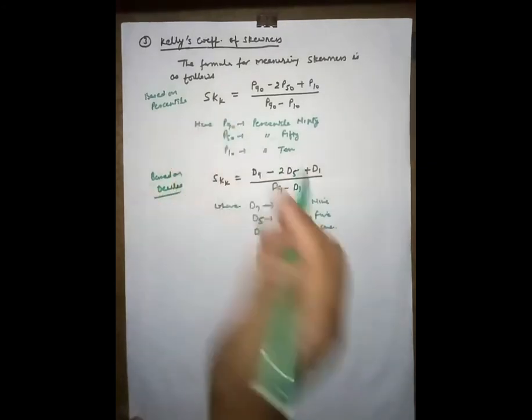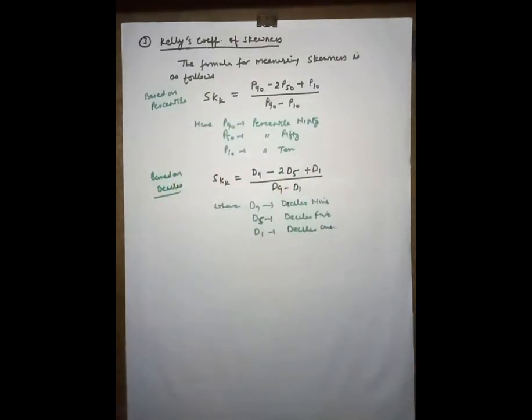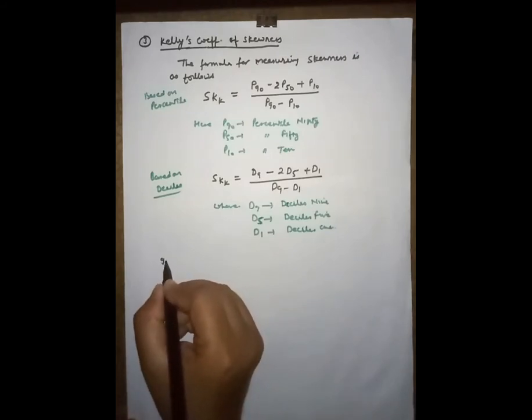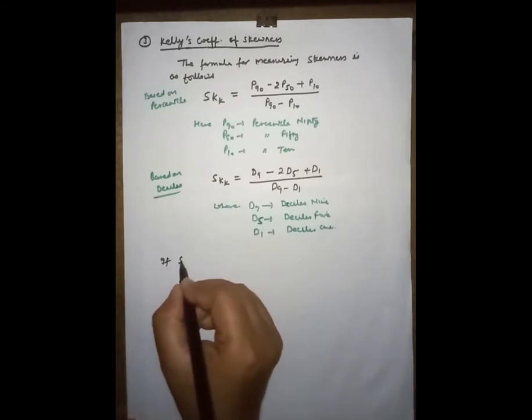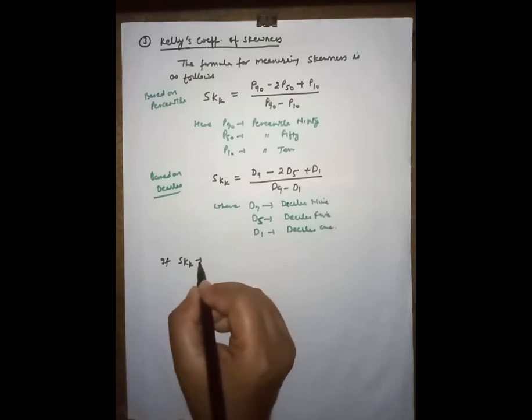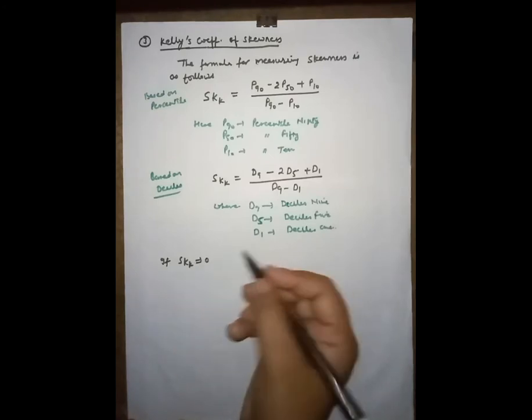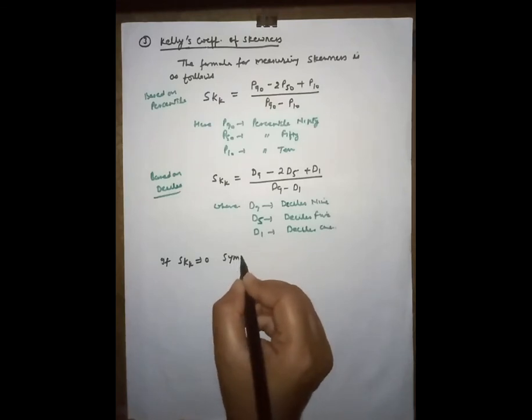Similarly, if SkK is equal to 0, then it is a symmetrical distribution.